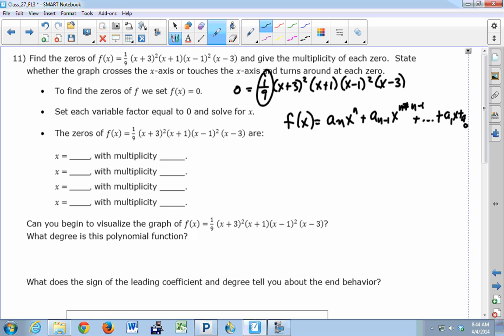What does the 1/9 correspond to in this representation? Where would you find the 1/9 if I multiplied all those factors out? Where would that 1/9 appear?